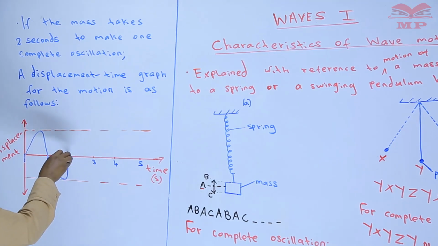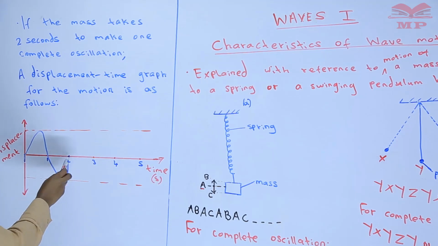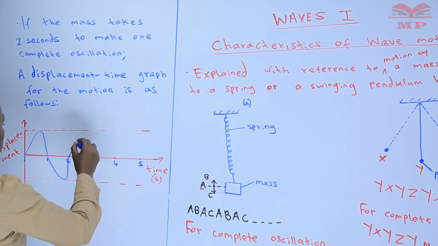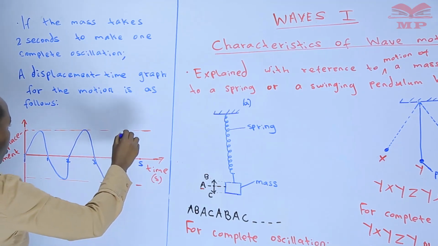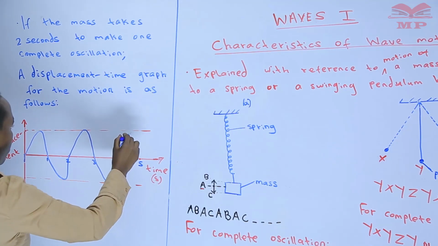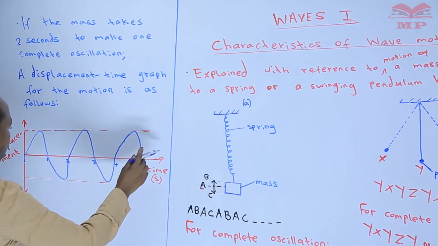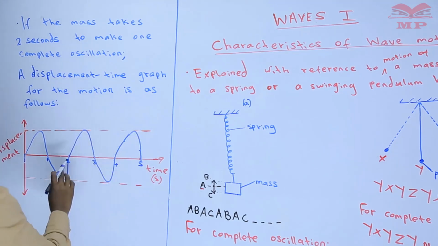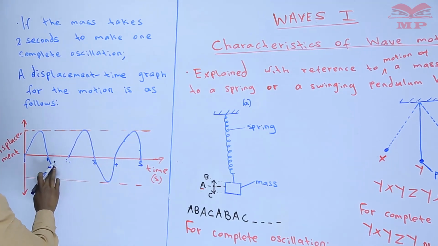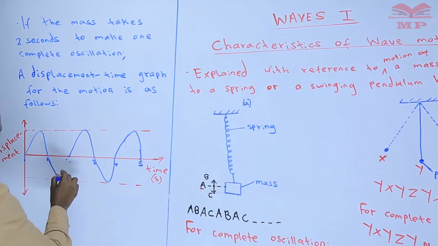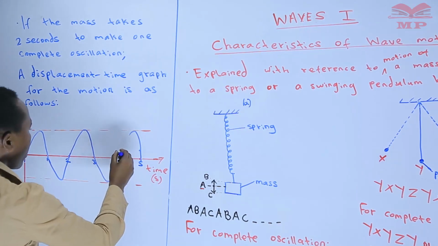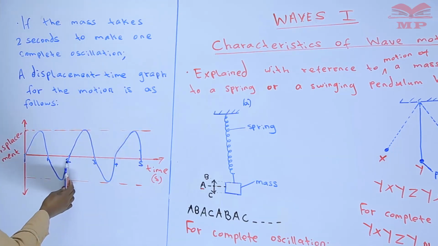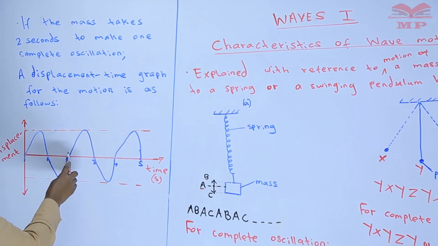So we have now one complete oscillation up to there, taking 2 seconds. We can continue with plotting the wave. So we have it moving this way, and that way, and it continues. So that is our wave. We can make it as smooth as possible. So this is 2. So you can see clearly that in one complete oscillation, the time taken is 2 seconds, because this is our complete oscillation.